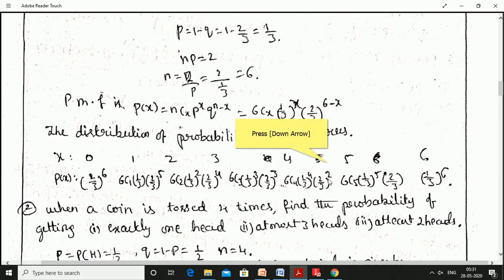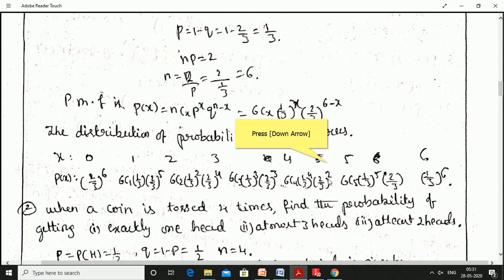The distribution is as follows. For x is equal to 0, it is 6C0 which is 1, 1 by 3 power 0 is 1, 2 by 3 power 6 minus 0, nothing but 2 by 3 power 6. For x is equal to 1, 6C1, 1 by 3 power 1, 2 by 3 power 6 minus 1, 5. For x is equal to 2, 6C2, 1 by 3 power 2, 2 by 3 power 6 minus 2, that is 4.